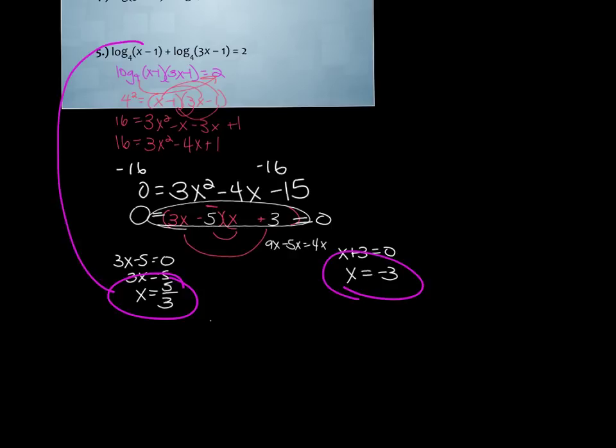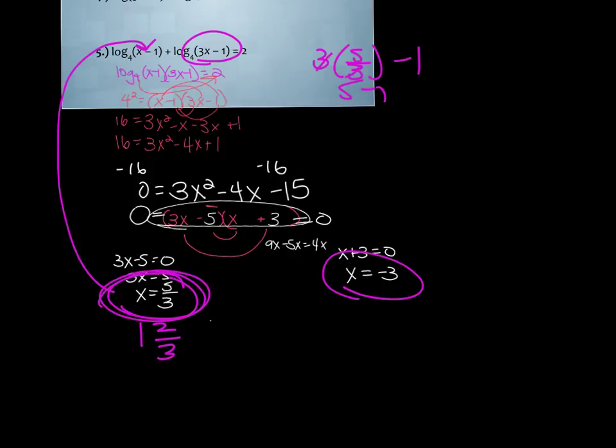So if I plug it back in here, 5 thirds minus, and you can kind of do the mental math on it to just see if you're going to end up with a negative. 5 thirds is the same thing as 1 and 2 thirds. So 1 and 2 thirds minus 1 gives me a positive number. That's okay. And then 5 thirds times 3 is 5 minus 1. That's still a positive number. So this number's okay.